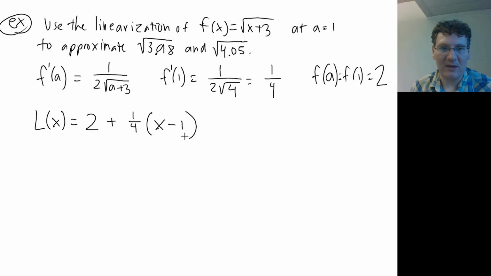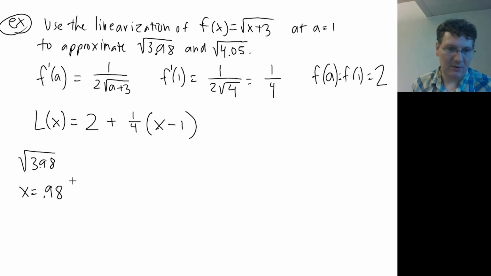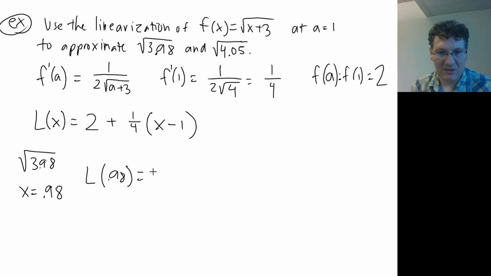It's just to say how far away. So when we're trying to approximate the square root of 3.98, in this case, x is going to be 0.98, right? And so the linearization of 0.98 is going to be 2 plus, actually let's put it as 0.25 times how far, what's 0.98 minus 1?